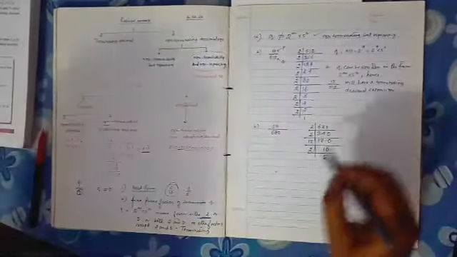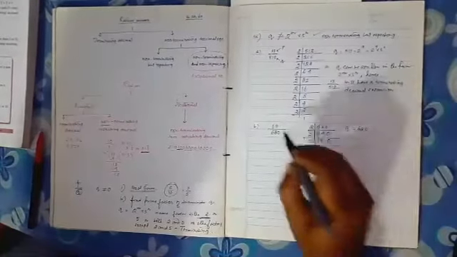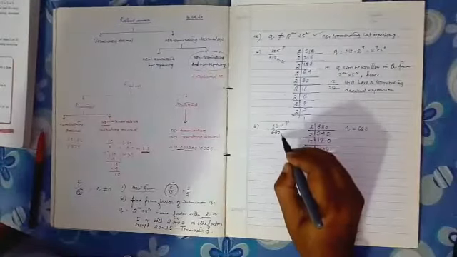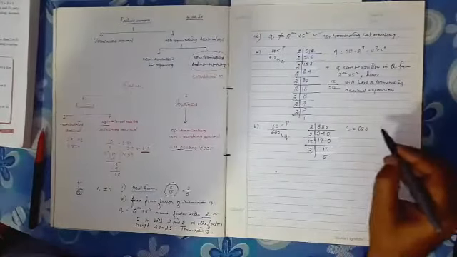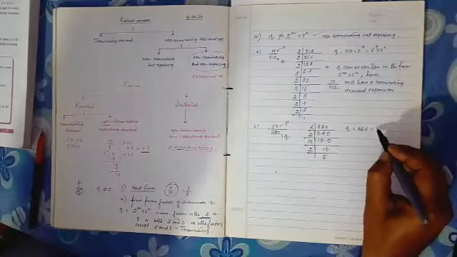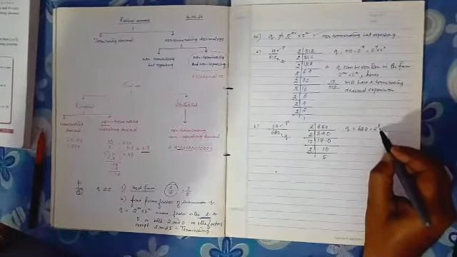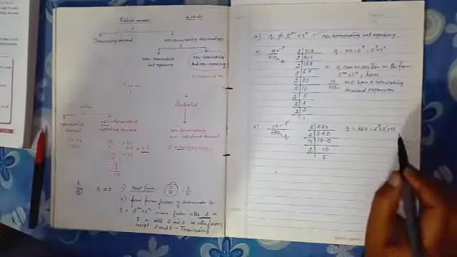So what we get, that is Q is equal to 680. Here this is P and this is Q in the form of P by Q and Q not equal to 0. So Q is equal to 680, that is equal to 2 to the power 3 into 5 to the power 1 into 17.